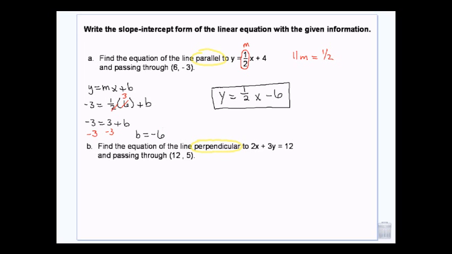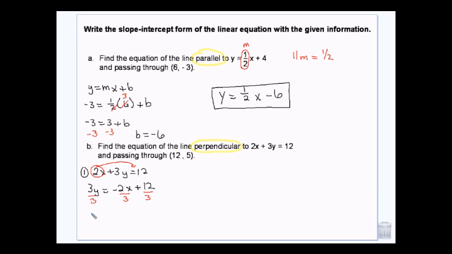On the next example, we're looking for perpendicular, and we don't have the formula already in y equals mx plus b, so first I have to do that. Okay, so I'm going to move the 2x over, and it becomes negative. Then I divide by 3.